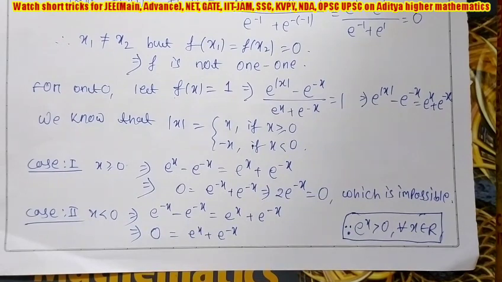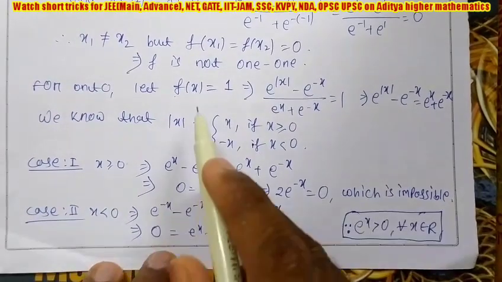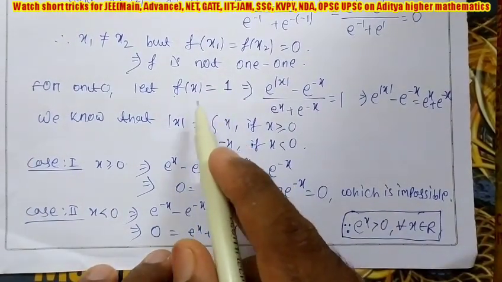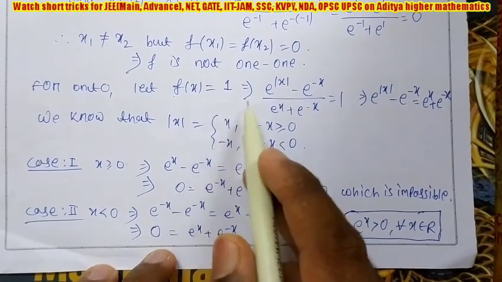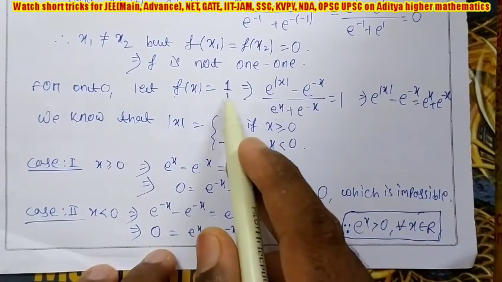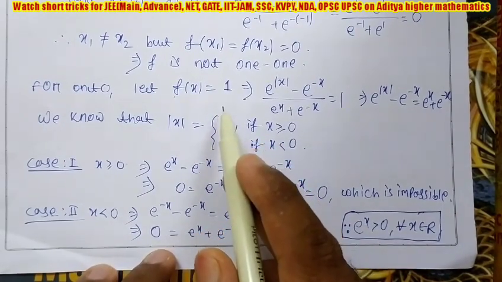Onto means every element in the codomain has a pre-image. But if even one element exists in the codomain which has no pre-image, then the function is not onto. I am using that trick. So I am taking f(x) as 1. That means the image point I am taking is 1, and I am trying to show that 1 has no pre-image. Then that function is not onto.